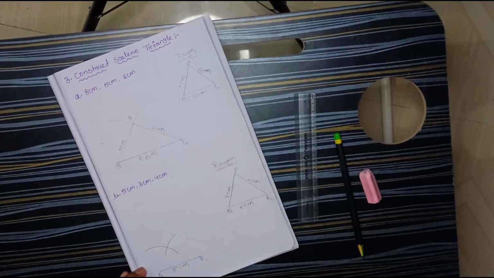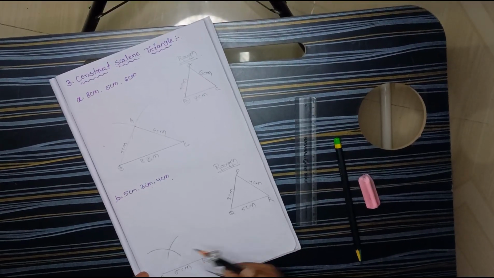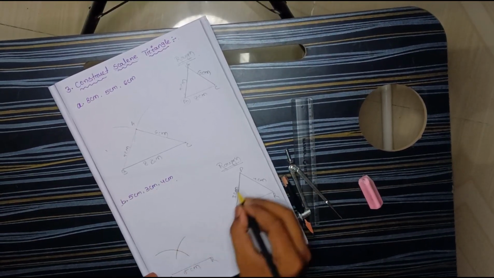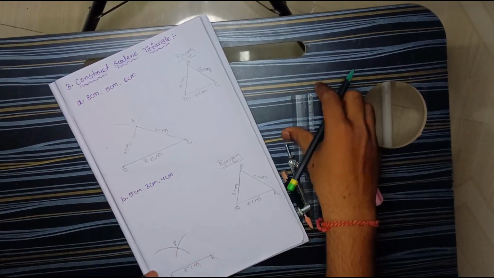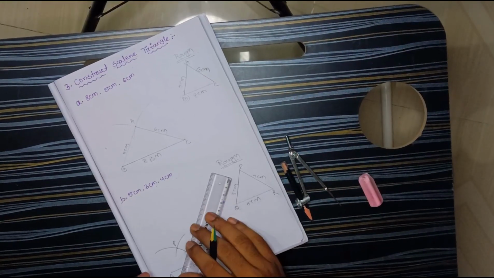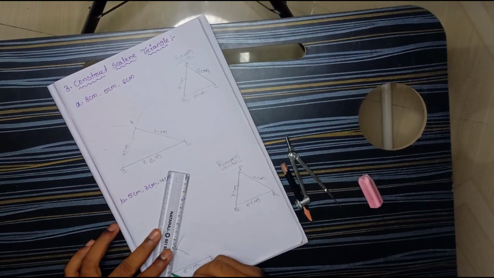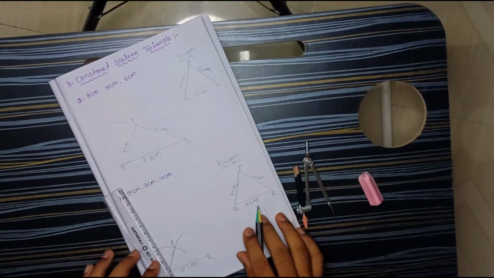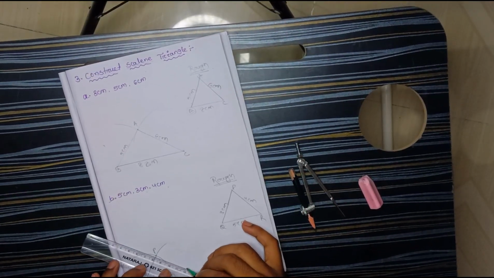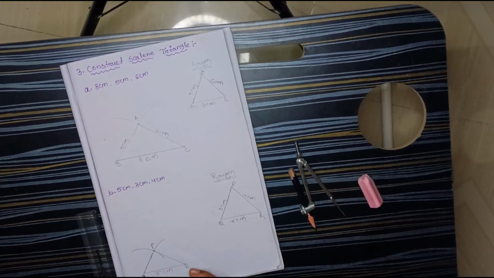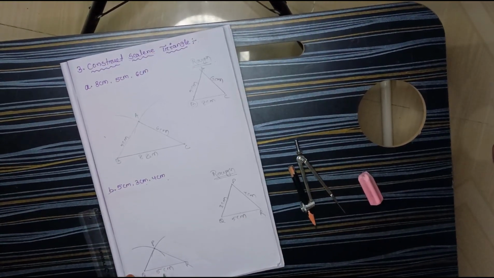So as soon as I placed it on the R point and drew, I got a point from here. Yes, and I identified that point and gave it the name P. Then once again I have to join these 2 points. Which ones? From P and Q, and from P and R. Yes, P and R. And I will say that PQR is your scalene triangle.